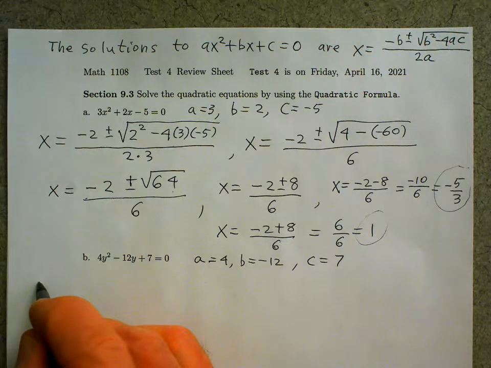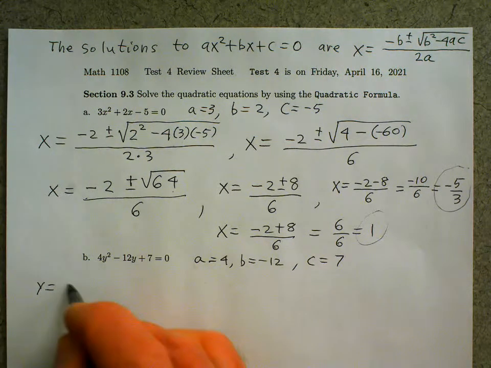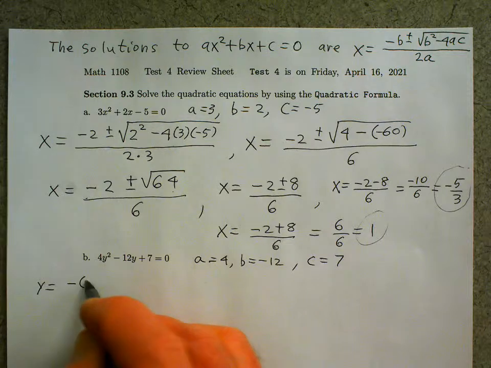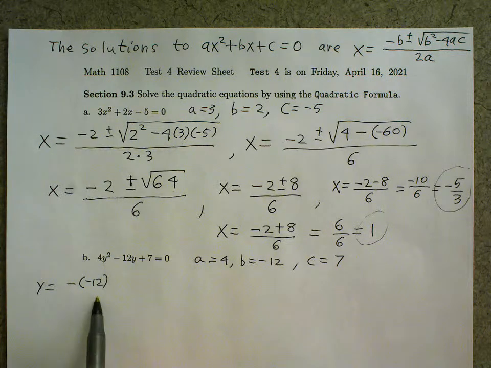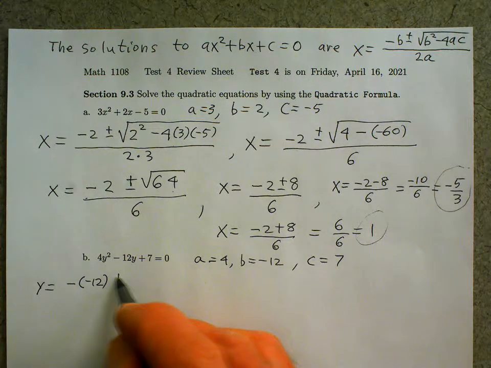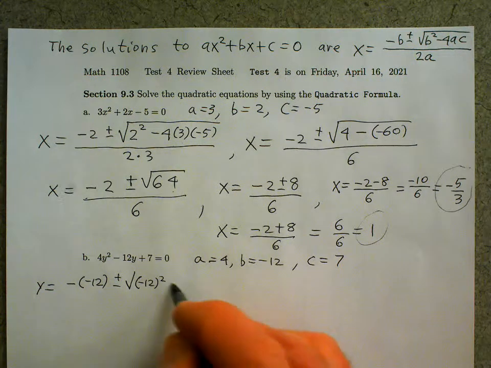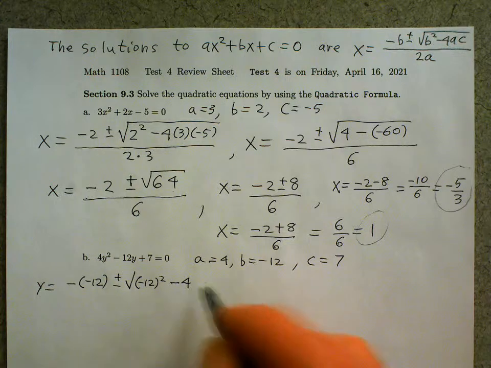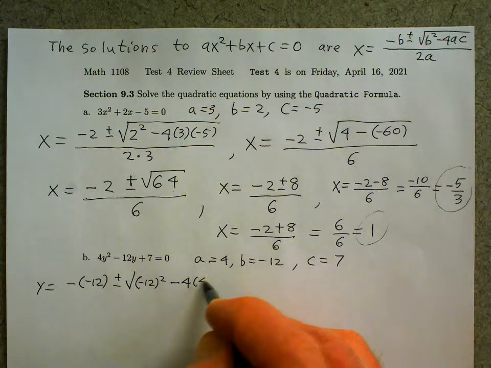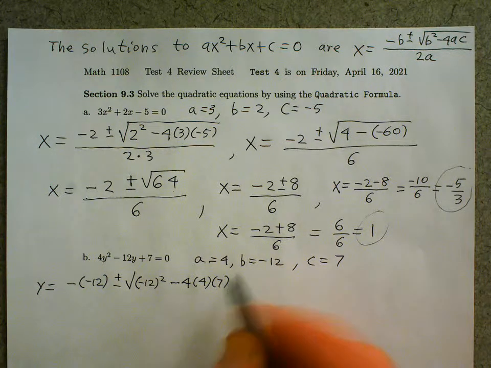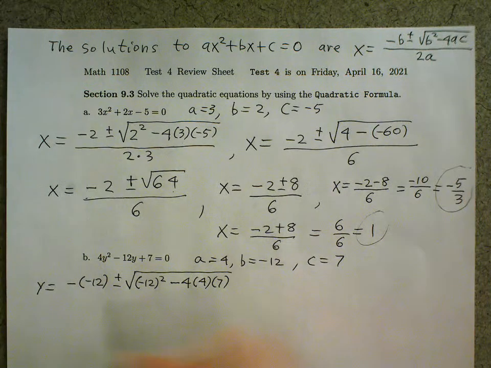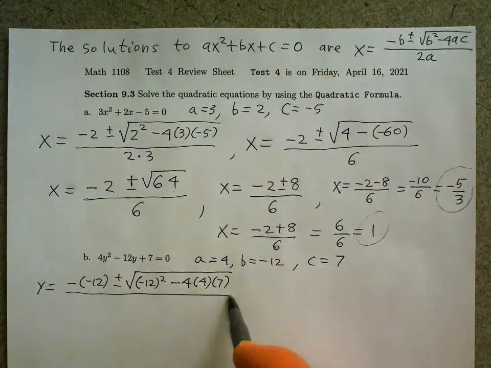So we write y equals the negative of negative 12, that's the negative b part, plus and minus the square root of the number negative 12 squared minus 4 times 4 times 7. And this is all divided by 2 times 4.